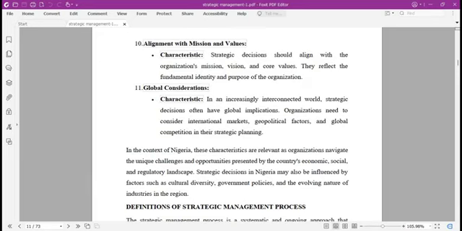The mission, the vision, and the core values uniquely define what such an organization stands for. The decisions made should align with such. Otherwise, the overall objectives and strategies might be in jeopardy.